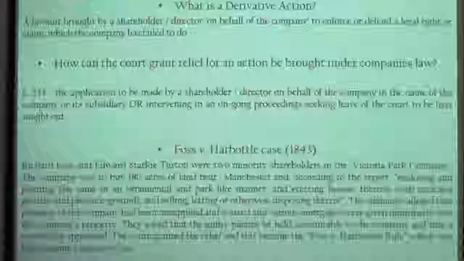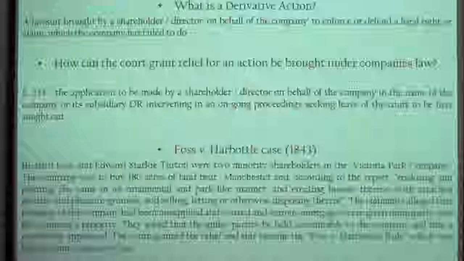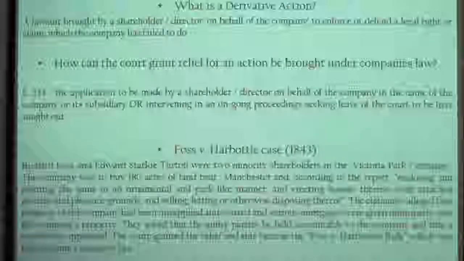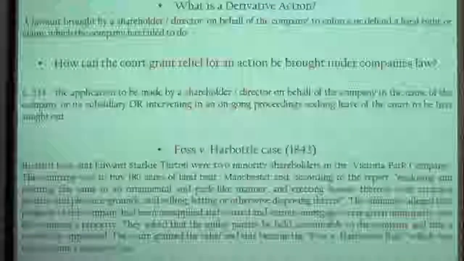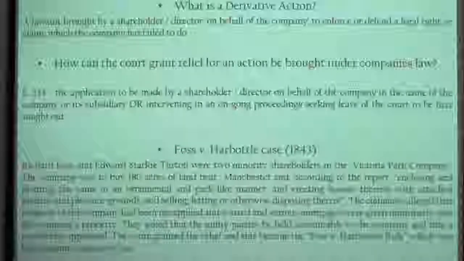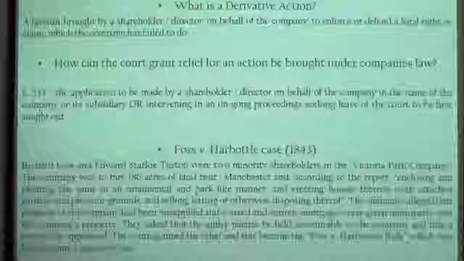The company was to buy 180 acres of land near Manchester, and according to the report, enclosing and planting the same in an ornamental and park-like manner, and erecting houses thereon with attached gardens and pleasure grounds, and selling, letting, or otherwise disposing thereof.